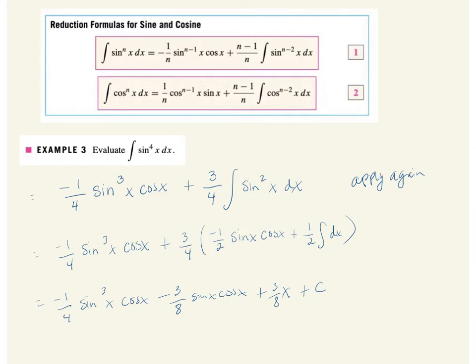So I'll keep going, negative 1/4 sine cubed x cosine x plus 3/4 quantity, and this one reduces to negative 1/2 sine x cosine x plus 1/2 integral of dx. And if I reduce that exponent by 2 here, the sine is gone. So final answer, negative 1/4 sine cubed x cosine x minus 3/8 sine x cosine x plus 3/8 x plus c.